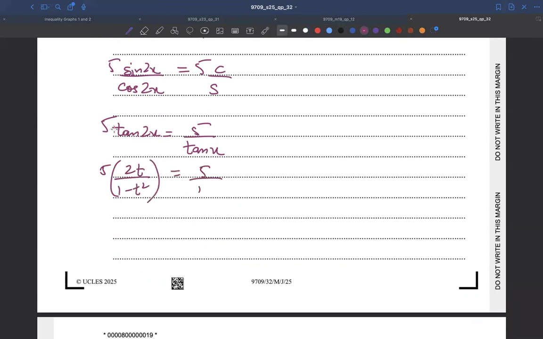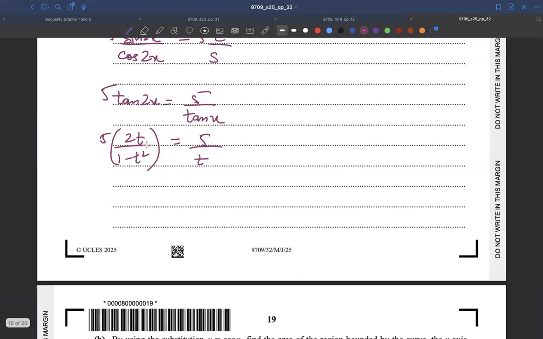So now if I cross multiply, 5 times 2 is 10. So 10 tan squared x is equal to 5 minus 5 tan squared x. So that will be 15 tan squared x equals 5. And finally, I can write tan squared of x equals 5 upon 15, which is equal to 1 upon 3.